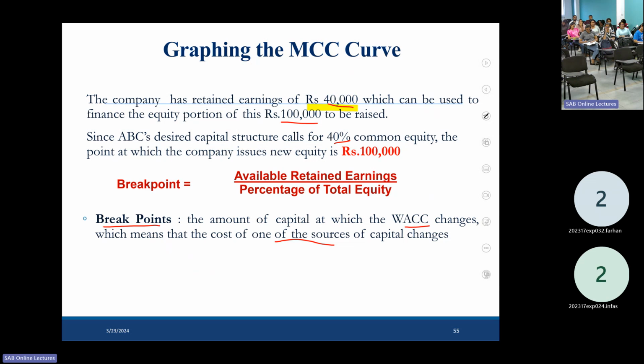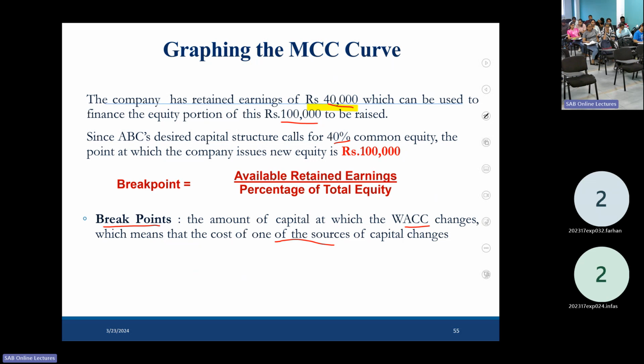Now look at this example carefully. Their total capital requirement here is 100,000. As long as the total capital requirement is 100,000, this 40,000 is sufficient to cover the equity part, because the weight is 40%.